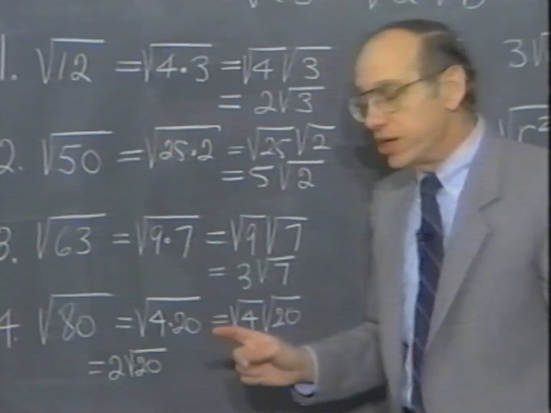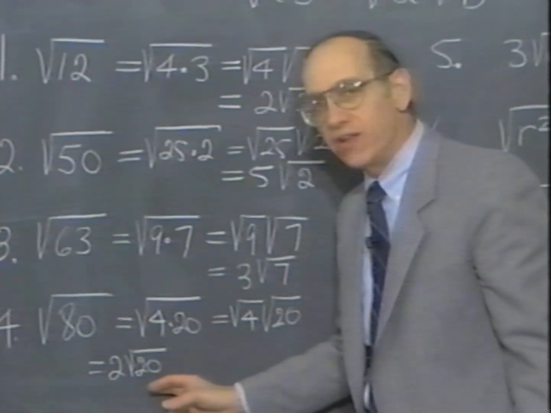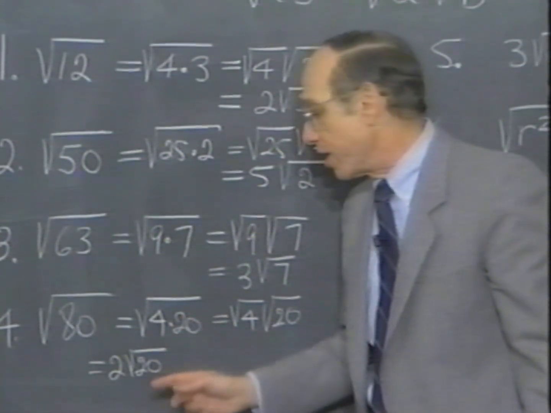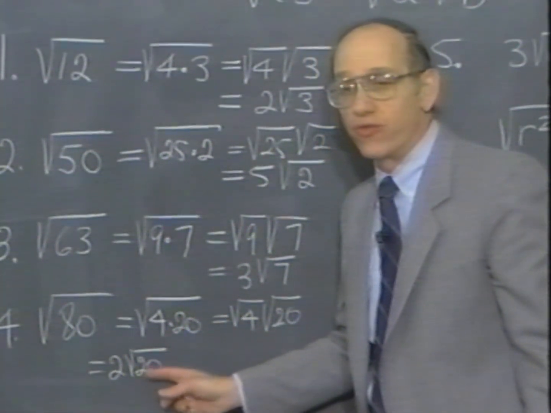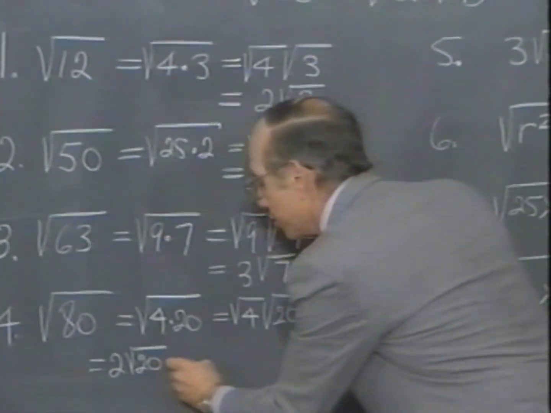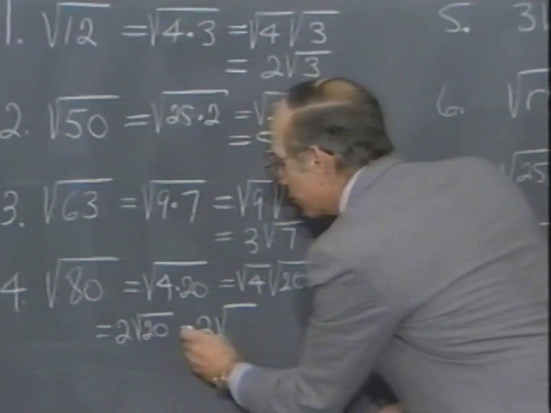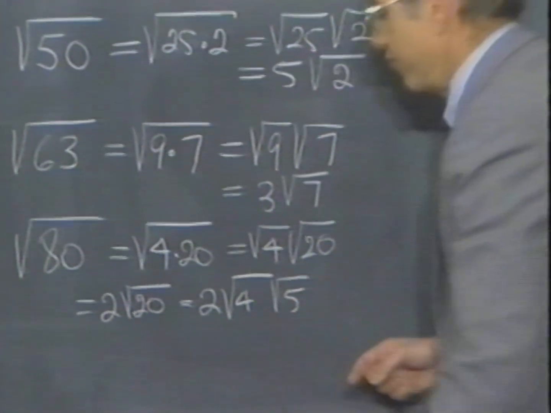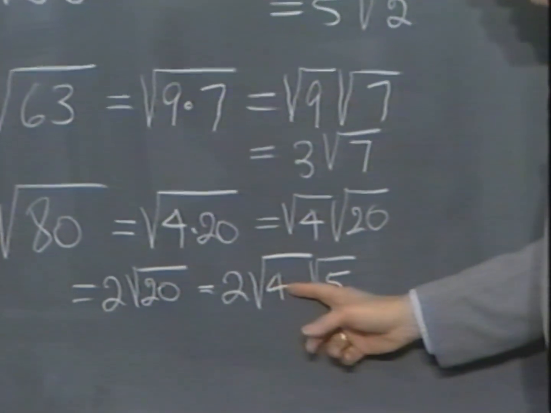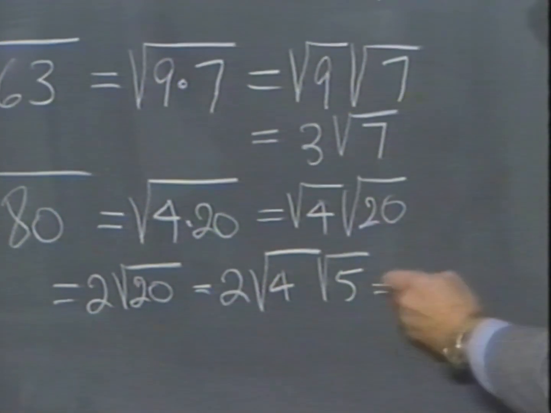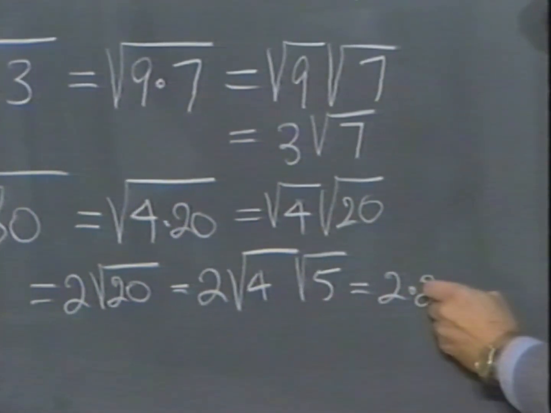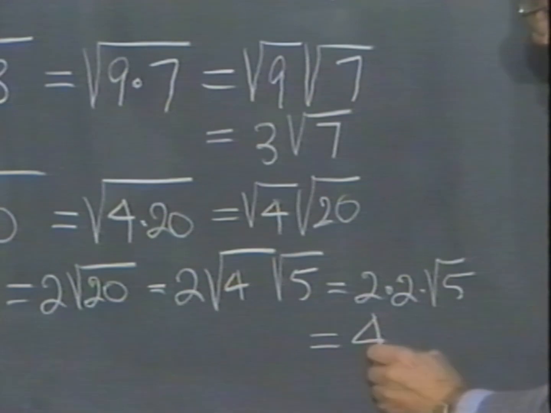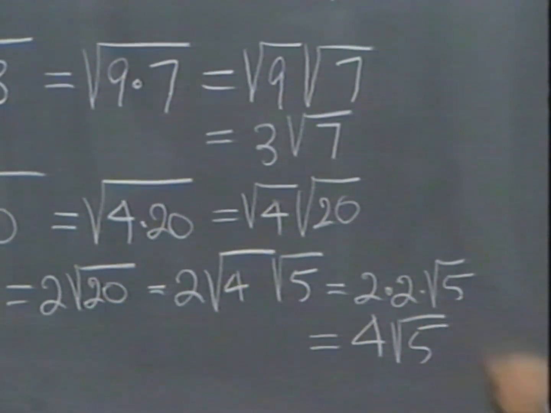But you see, now I'm not done, because 20 itself can be factored into 2 factors, one of which is a perfect square. I can write 20 as 4 times 5. So this is 2 times the square root of 4 times the square root of 5. Square root of 4 is 2, so this is 2 times 2 times the square root of 5. In other words, it's 4 times the square root of 5.